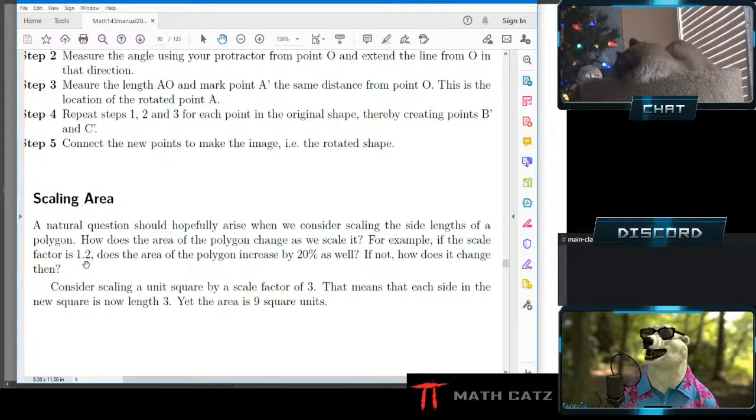That's a 20% increase in the side length. Does that mean that the area of the polygon, which is now bigger, of course, increased by 20% as well? And if not, how does the area change?